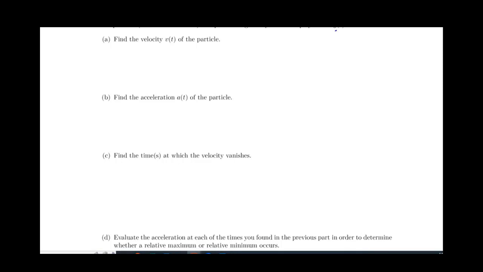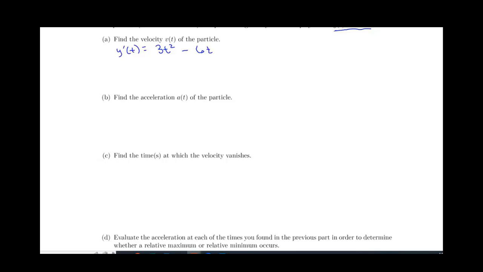I have my position function, so my velocity is going to be the derivative of that. And that's going to be 3t squared by using the power rule, minus 3 times 2 is 6t to the 2 minus 1, which is 1 power.